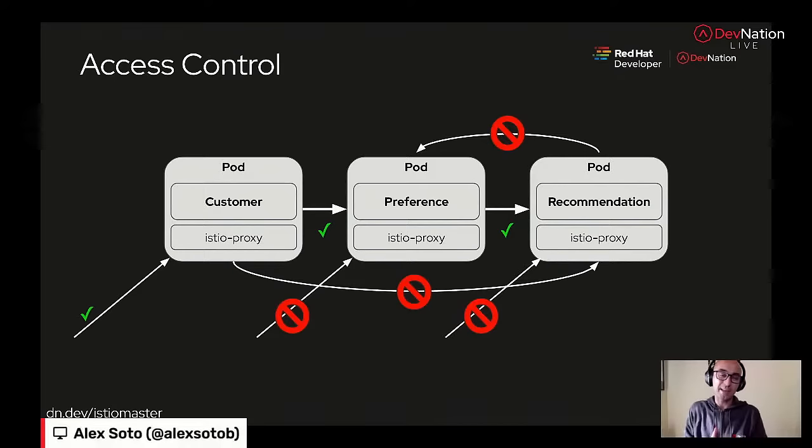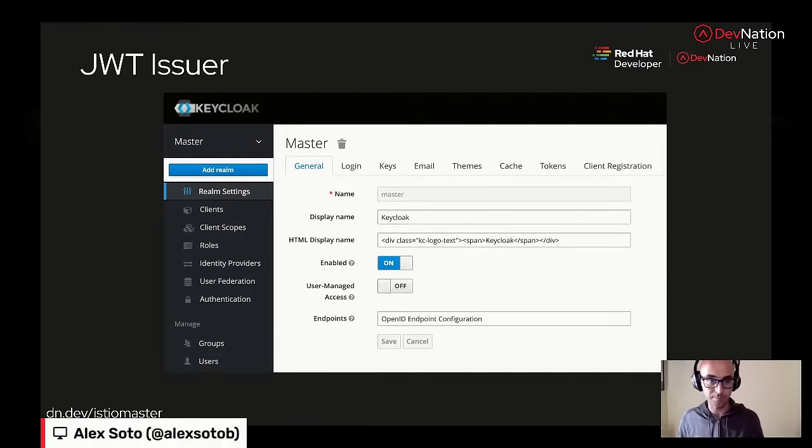Of course, we can protect the outbound traffic as well. So I can protect that any outbound access cannot reach the preference pod or the recommendation pod. And the last thing before we demo all these things that I explained here is JWT, or JSON Web Tokens.